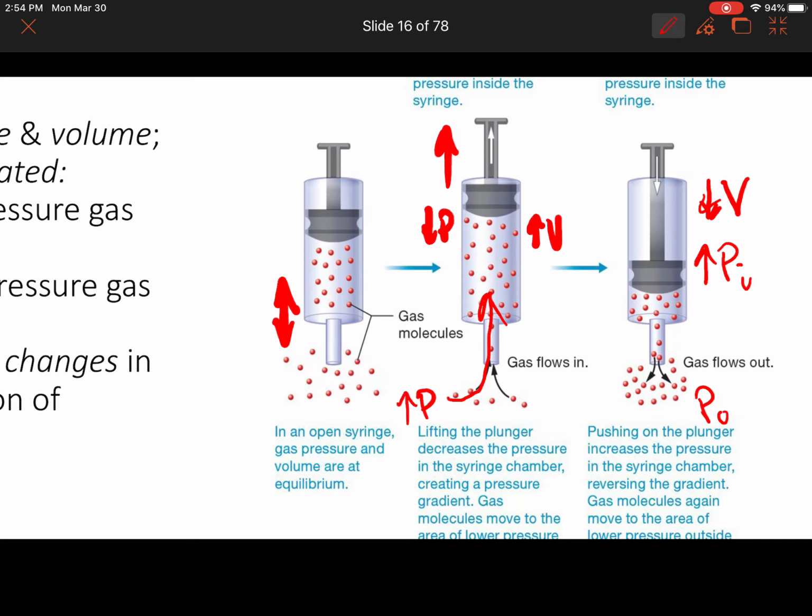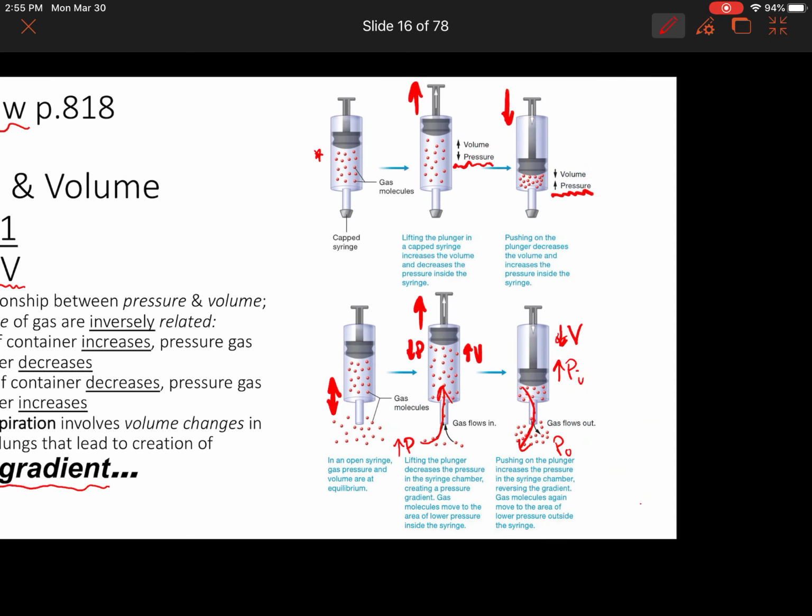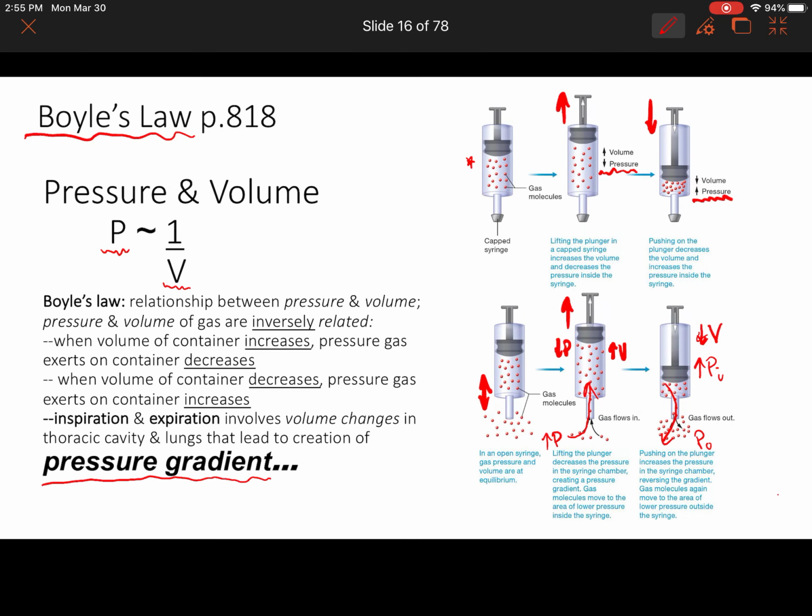And so because gas likes to flow down its pressure gradient, the gas molecules will then flow out of the syringe. So this pressure-volume relationship is what helps to explain movement of gas molecules from the inside of the body to the outside and from the outside in. And that relationship is described as Boyle's law.